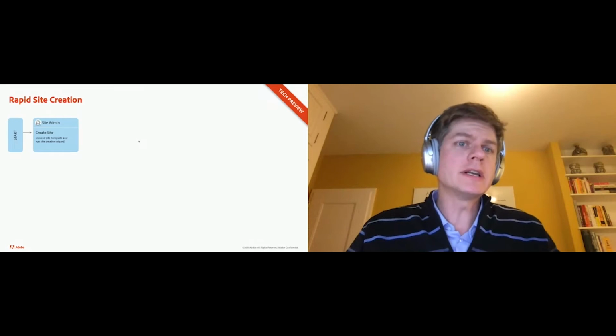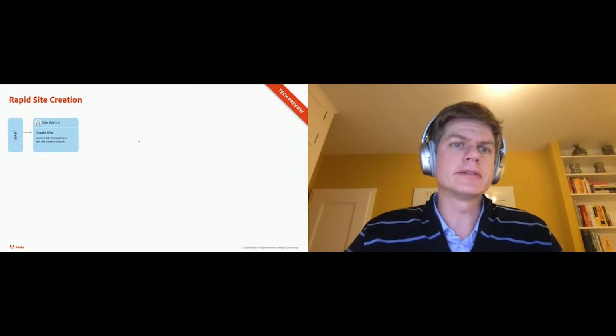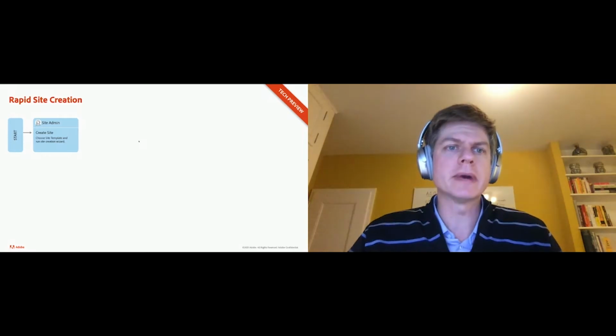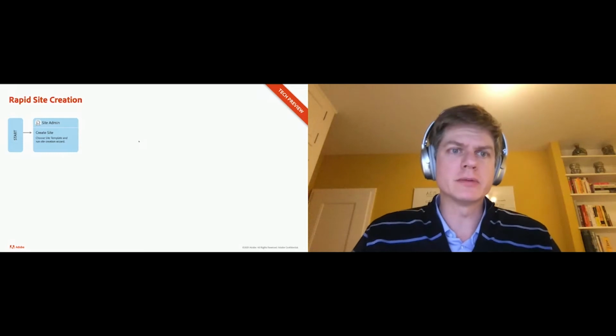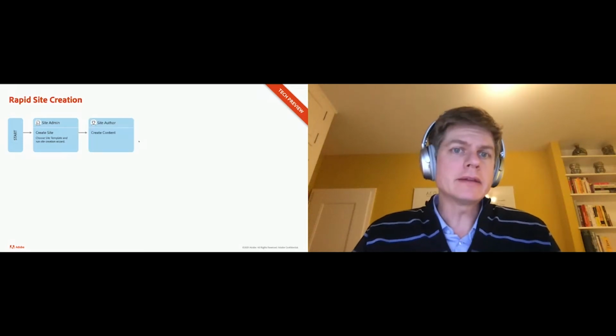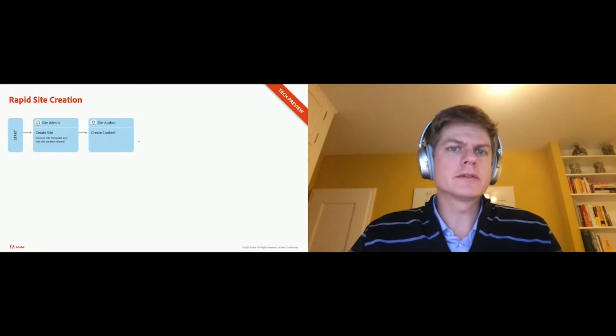So actually, we would like to start with a site admin. We would like to have some way inside of AM how we can create a site. So this site admin should be able to choose from a template, a site template at that moment, and to run some site creation wizard. And after that, actually, the site author could start creating content.